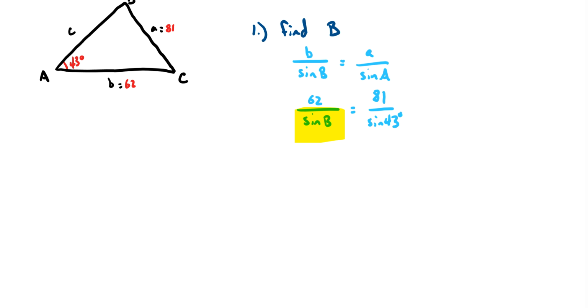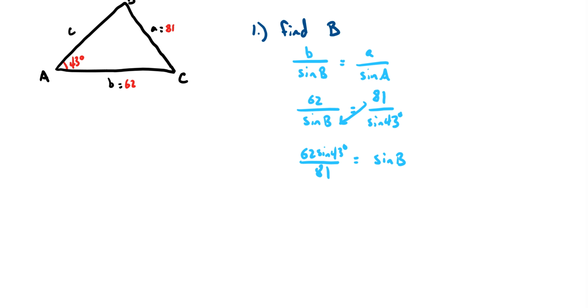I'm going to do this in one step. Let's go ahead and multiply sine of B to the right hand side. And then in one step, let's multiply sine of 43 degrees to the left, and then divide 81 to the left.